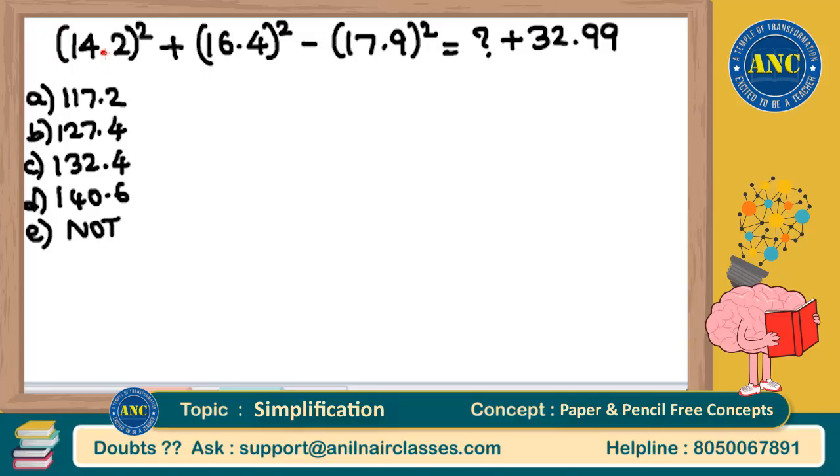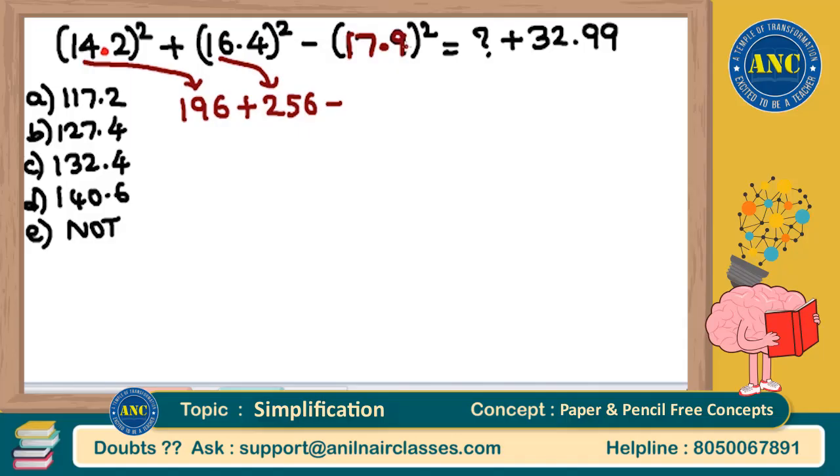Now see here. I will ignore the decimals in every number. If I ignore the decimal, 14 square is 196, 16 square is 256, 17.9 is approximately 18, right? Although the question is asking you to find the exact value in place of question mark, I am using the approximation method.